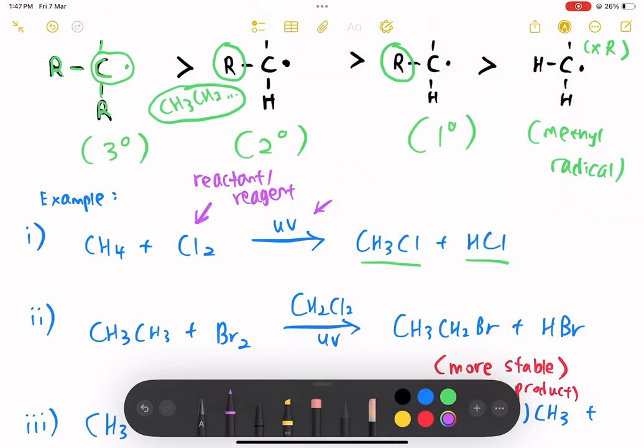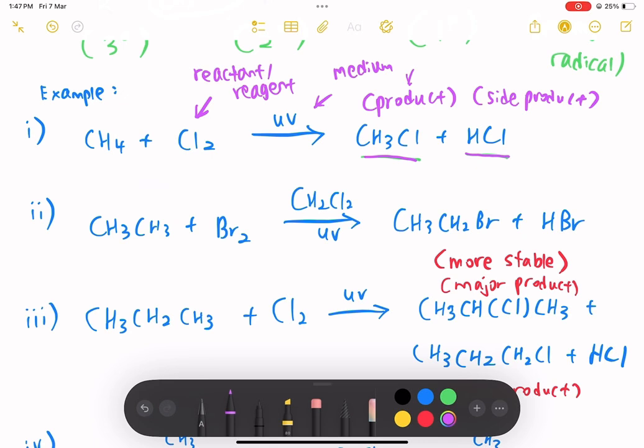This is the medium, which is the presence of UV light. Then this is the product, and this is the side product. Normally, the main product that we need is put in front, and the side product at the back. In this case, one H is replaced by Cl to form CH3Cl.